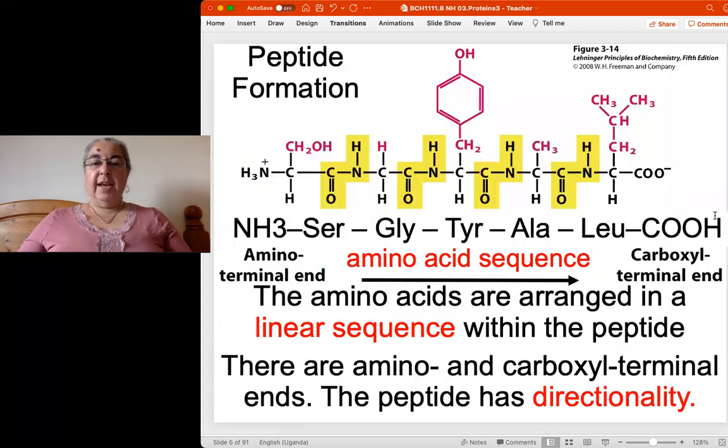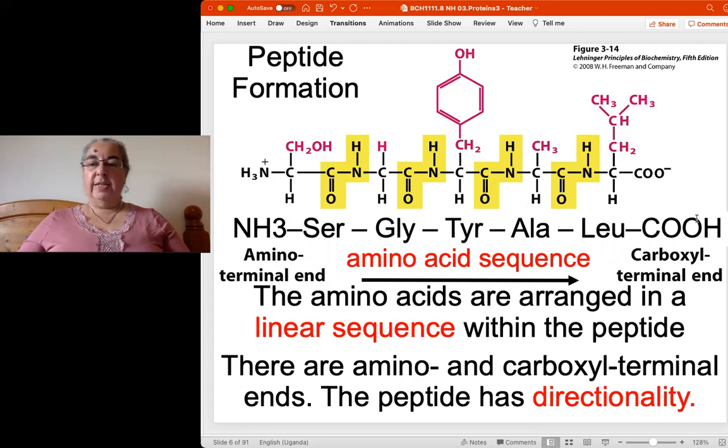And we've seen how within that polypeptide chain, there is a sequence of amino acids. Okay, at one end, we have an amino terminal end, or an N-terminal end, taken from the N of the amino group.